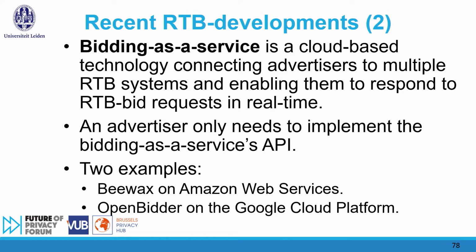And one of the major things it solves, like I just said, is the ability to communicate with very different real-time bidding protocols. Two examples: BWAX, which runs on the Amazon platform, and OpenBidder, which runs on the Google platform.